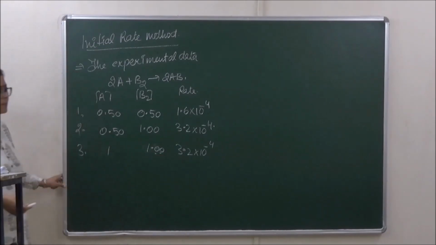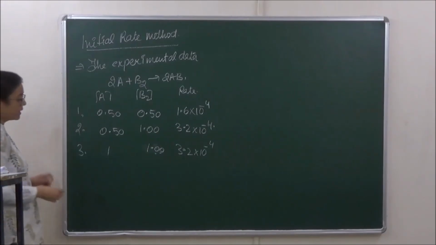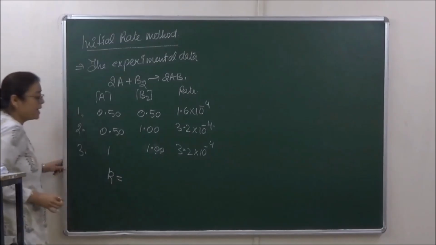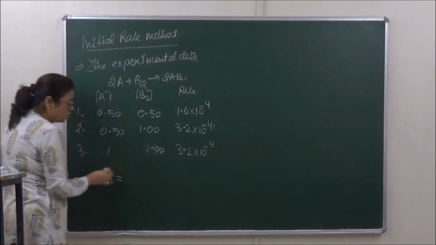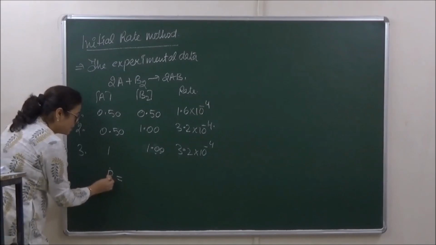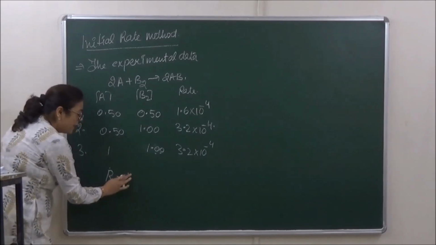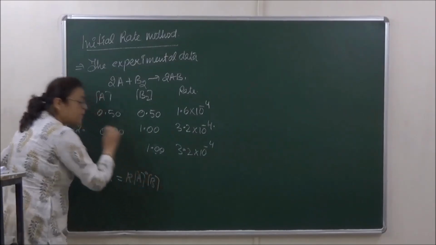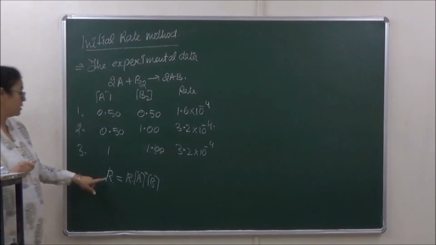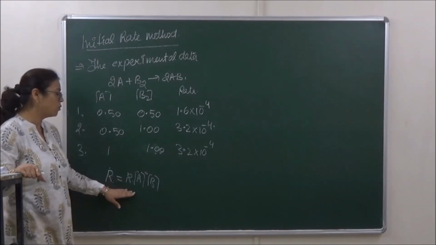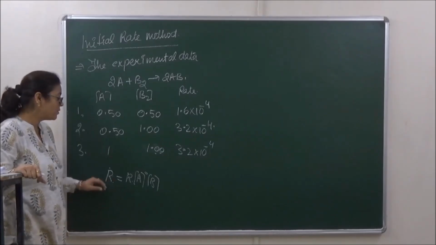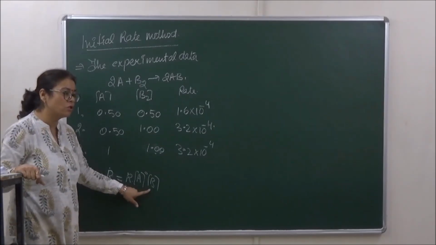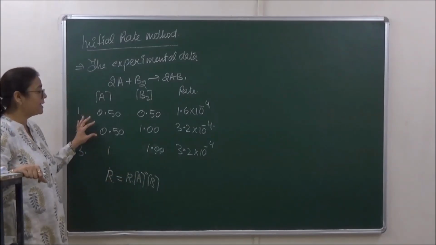Keeping this in mind, the rate of the reaction can be given as rate is equal to K into concentration of A to the power 0 into B. That means the rate is independent of the concentration of A, whereas the rate is directly proportional to the concentration of B. This can also be done by taking the ratio.